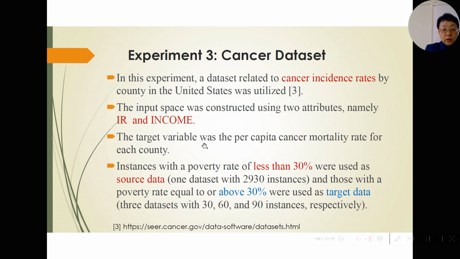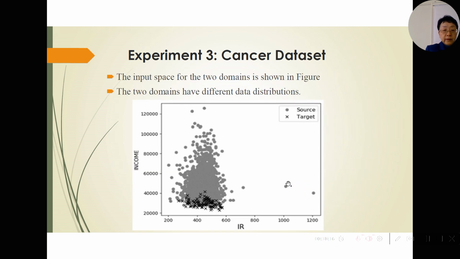The target variable was the per capita cancer mortality rate for each county. Instances with a poverty rate of less than 30% were used as the source domain, and those with a poverty rate equal to or above 30% were used as target data. The 2 domains have different data distribution.